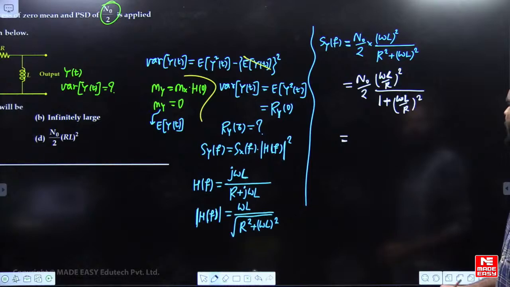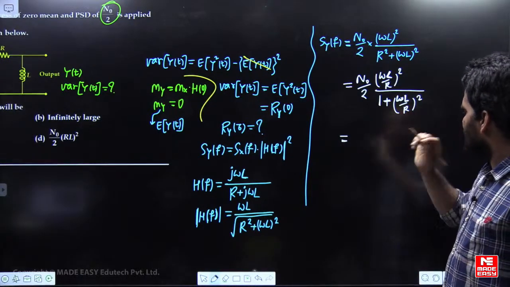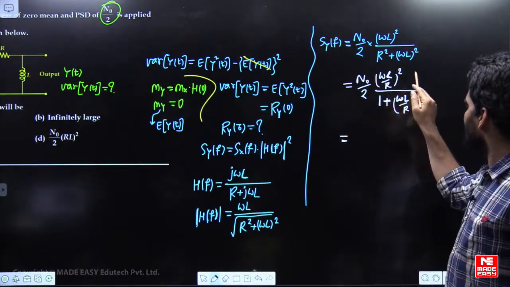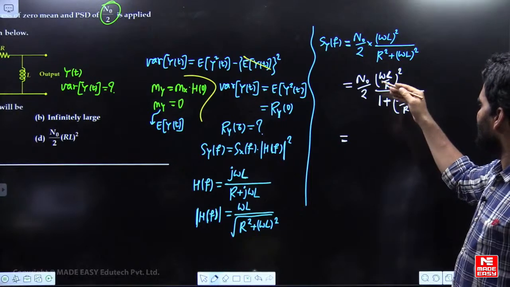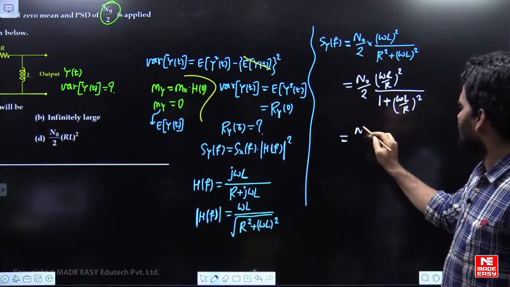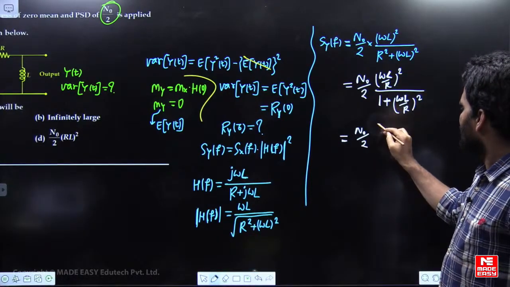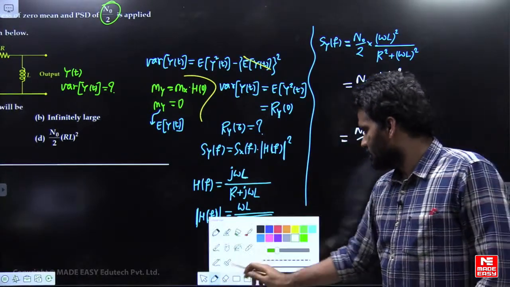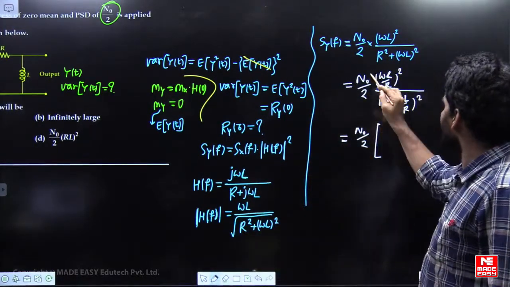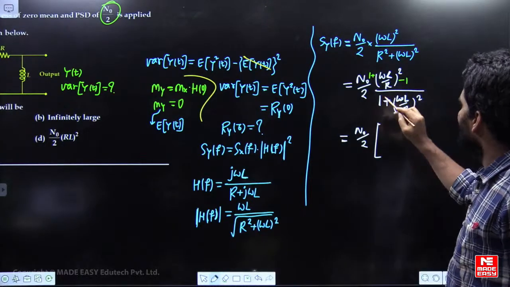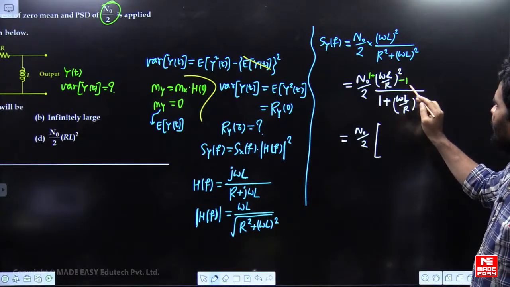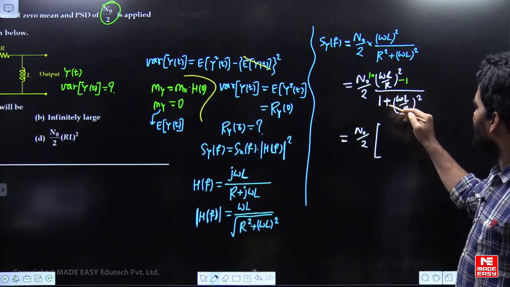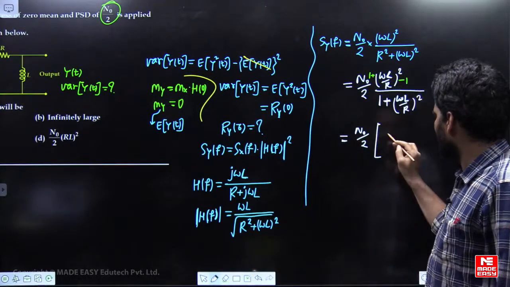In the numerator add 1 and subtract 1, so 1 plus omega L by R square minus 1, upon the denominator, and those cancel, giving 1 only.